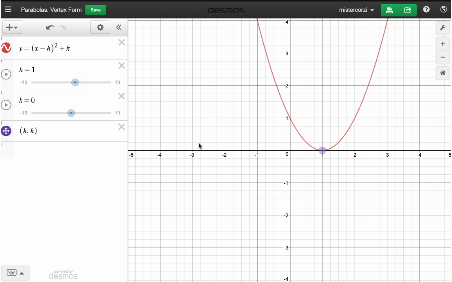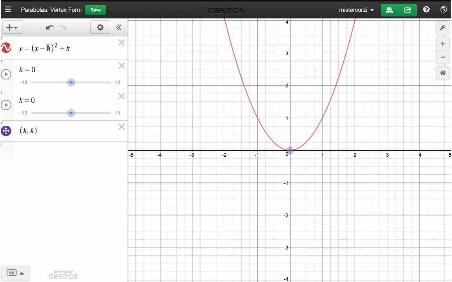So we're now looking at (x minus 1) all squared plus 0. Let's move the value we're subtracting up to 2, and again it's moved further to the right, to 3, to 4, to 5, and so on. And let's move the value of h back to 0.